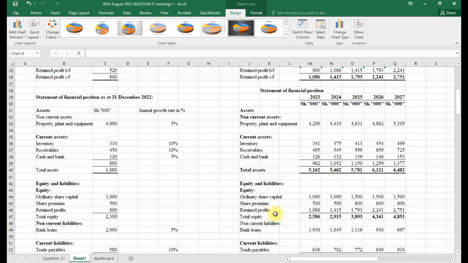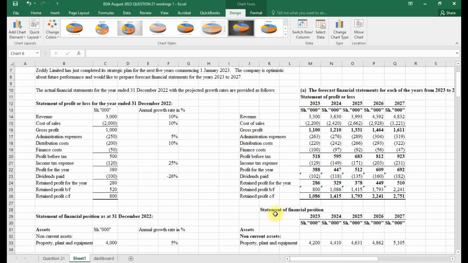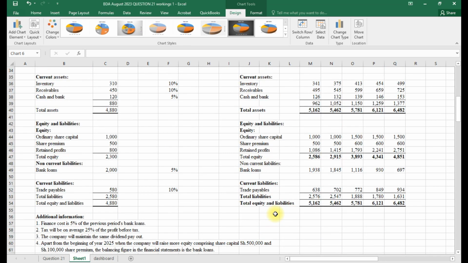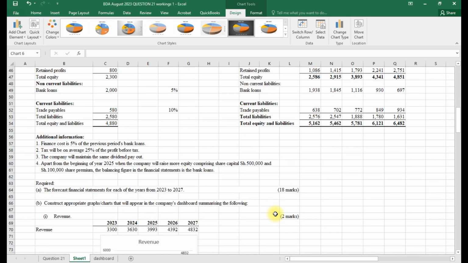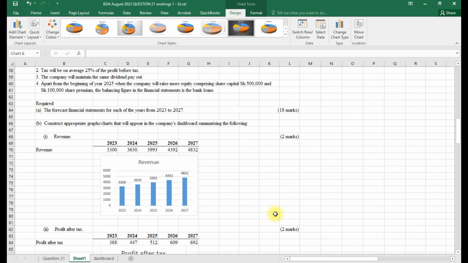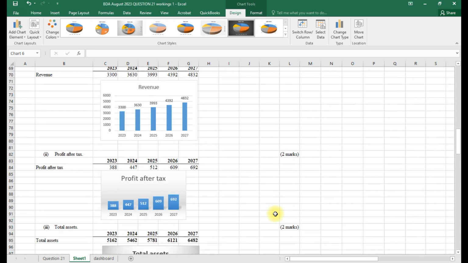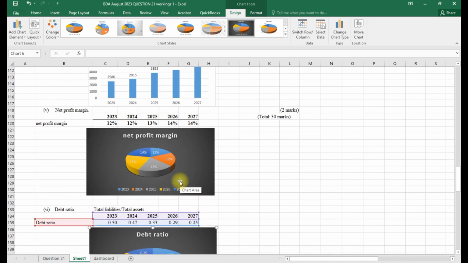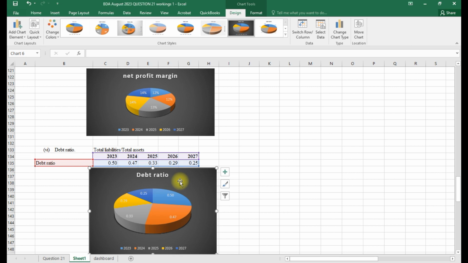Already we prepared our forecast for 5 years for statement of profit or loss and for the statement of financial position. And when you are done with that, then we calculated the second part for appropriate graphs or charts that will appear in the company dashboard. So these are the charts we have to prepare a responsive dashboard. These are the charts that we should have taken to the dashboard, and that is how that question number 21 was.